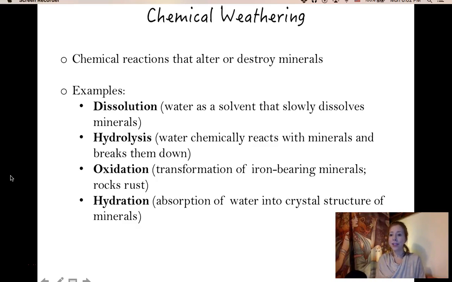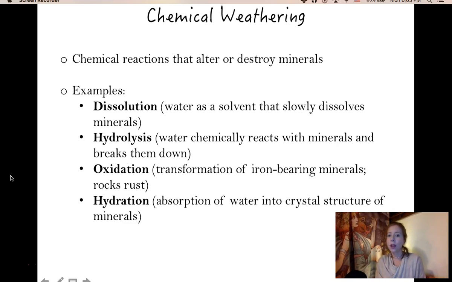Let's now move on to chemical weathering. This happens when chemical reactions alter or destroy the minerals. Examples would be dissolution. So this is when water is a solvent that slowly dissolves away minerals. Next is hydrolysis.